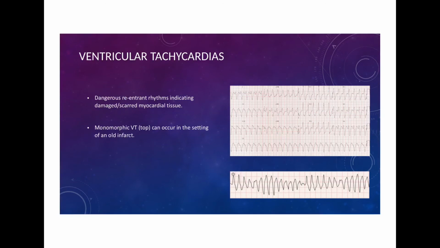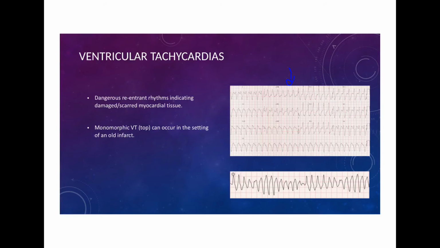Now, ventricular tachycardias are pretty scary rhythms. They're usually reentrant rhythms caused by scar tissue in damaged myocardium, usually after an infarct. There's two kinds broadly. There's what's called monomorphic ventricular tachycardia, which is what you see up here. All of the QRS complexes you see there are wide, but they all look pretty much the same.